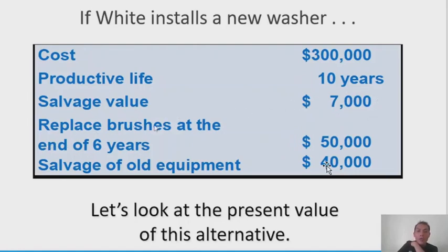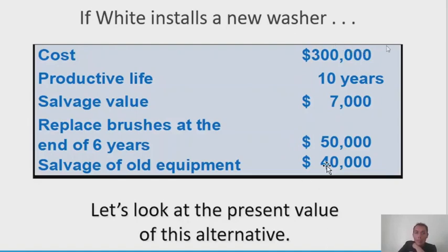And then you also have to replace the brushes dun sa new washer at the end of 6 years. So, ang gastos niya is 50,000, and then salvage value of the old equipment is 40,000. So, dahil bibili ka na ng new washer, ibebenta mo na yung old washer mo, siyempre, magkakaroon ka pa rin ng cash inflow for that in terms of the salvage value of your old equipment.